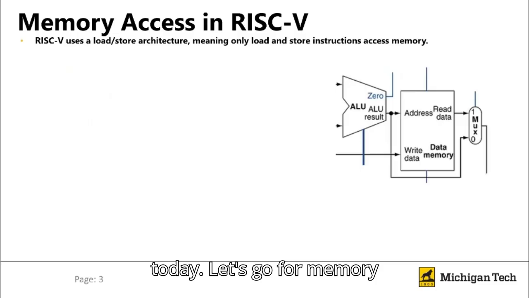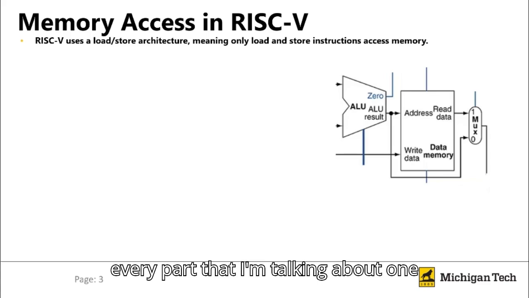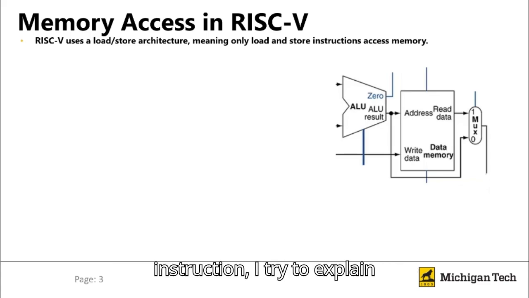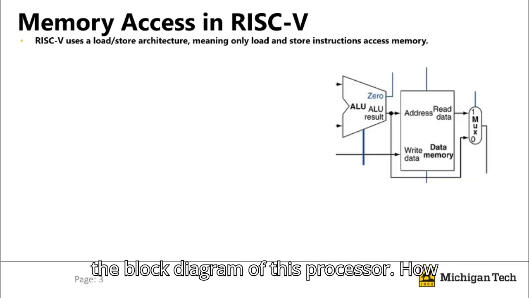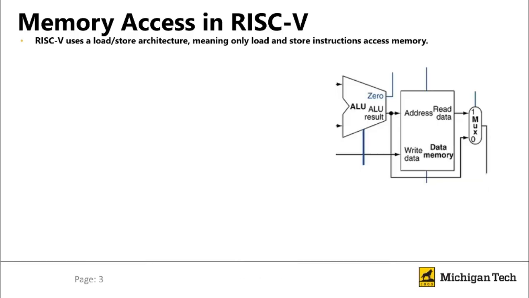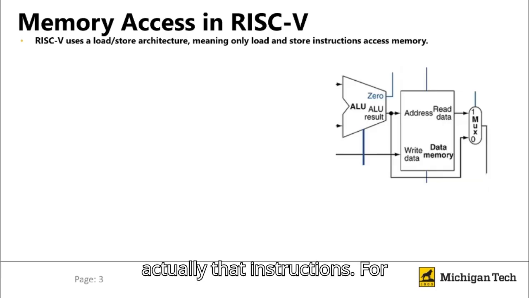Let's go to memory access. For every part where I talk about one instruction, I try to explain the block diagram of this processor and how it handles that instruction.